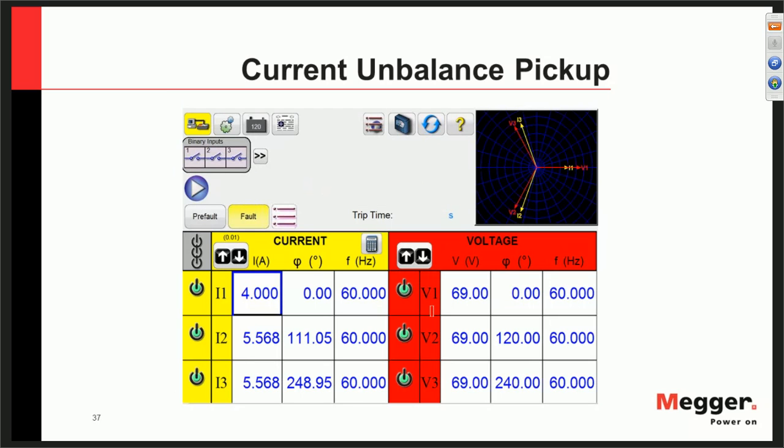But I explained those mathematics for a reason. If you see the software is doing something wrong, then you can find the fault there, because you now know the mathematics behind that. So this is how it will look, and you will inject the phase currents to the relay in order to test your current unbalance pickup.